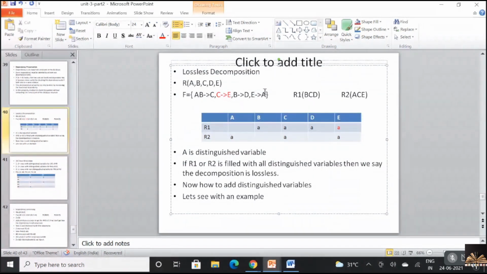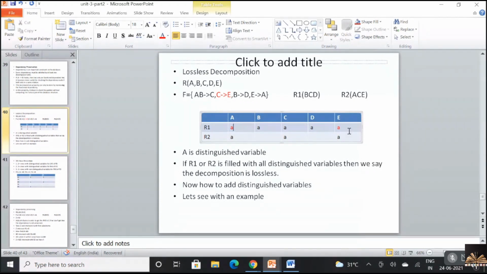A is the RHS. 1 row has a distinguished variable and 1 row does not. So I can put an A over here. Now I've got a complete row with distinguished variables, looking at the FDs. Hence I can say that this particular decomposition is a lossless decomposition.